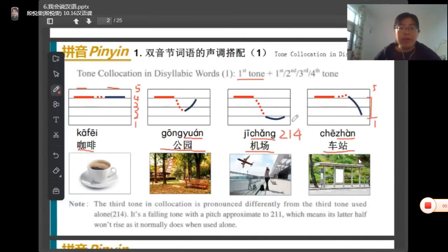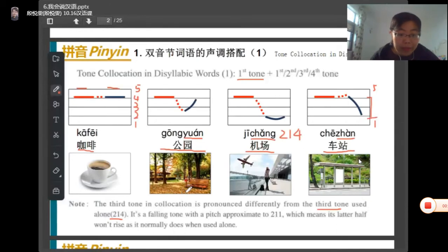Okay, about this group, we should pay attention to it. The third tone in collocation is pronounced differently from the third tone used alone. 214 points to the level. We have the 5 levels, right? From 1 to 5, lower to the higher.